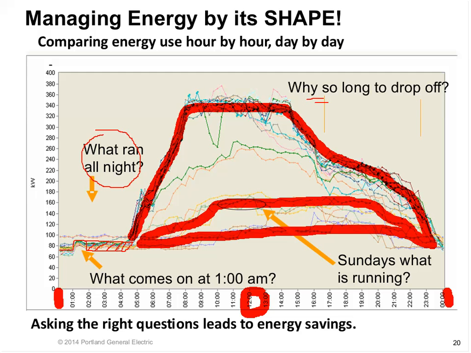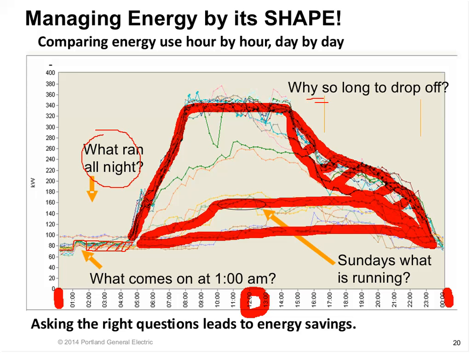Well, obviously, this takes quite a while before finally they leave and all the rooms are clean. So the facilities manager negotiated a revised maintenance contract, and now the shape would start to look like this. It would go down fairly quickly, and they saved all that energy in here. So again, shape led to a change in process that resulted in energy savings.